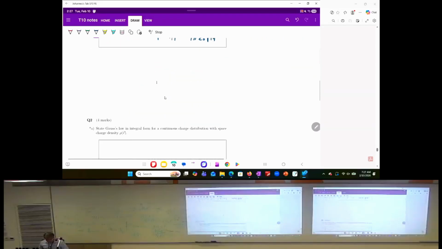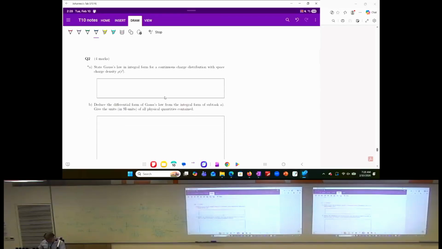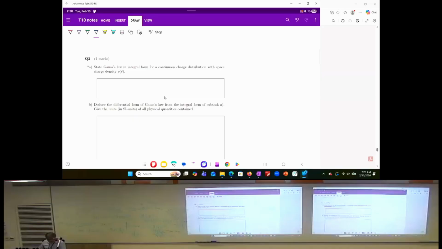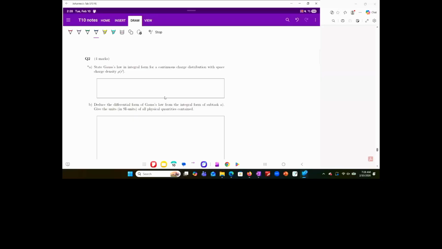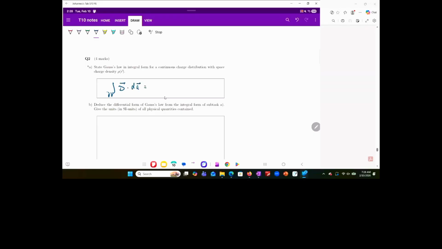So now question number 2, it says state Gauss's law in integral form for a continuous charge distribution with space charge density rho of r. Gauss's law, that I hope you know by heart now, that is the closed surface integral over the electric flux density. What's on the other side?